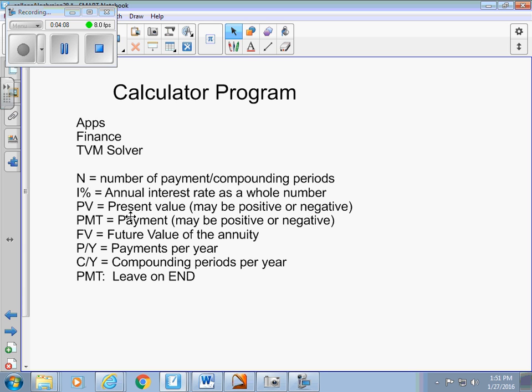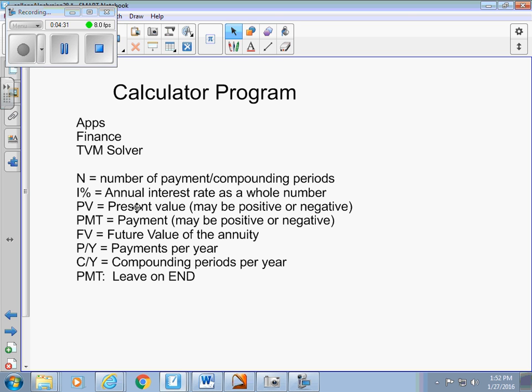A little quirky about this program compared to the formula. Present value is the amount now. So if you're talking a loan, that's the amount that you get. If you're talking about an annuity, it may be 0. You may not have any money in at the beginning.